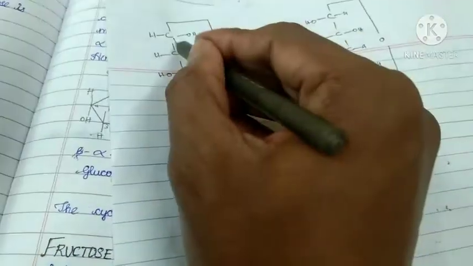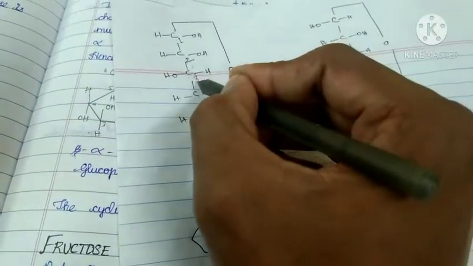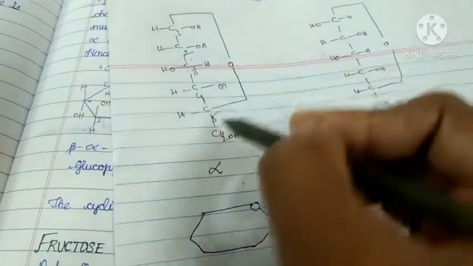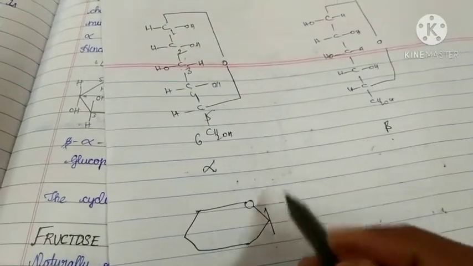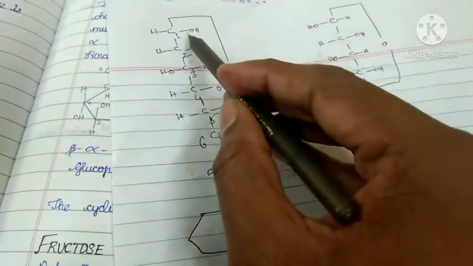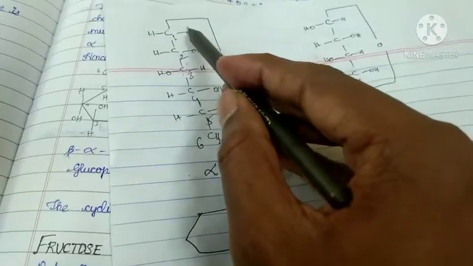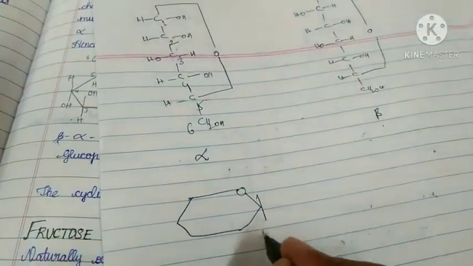This is the first carbon atom, this is second, third, fourth, fifth, sixth. If OH is present on the right side, that comes on the lower side.